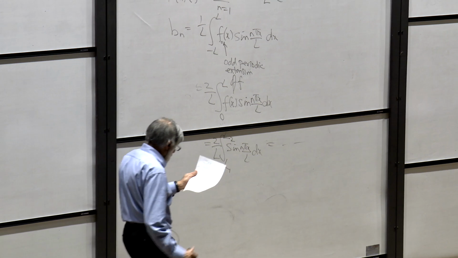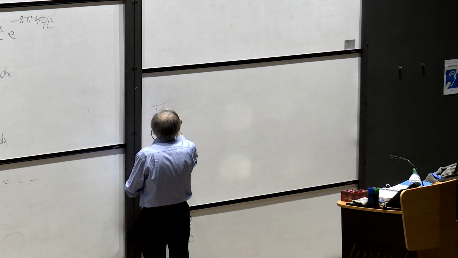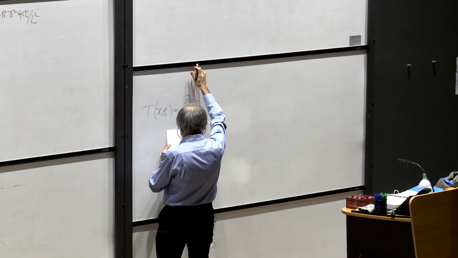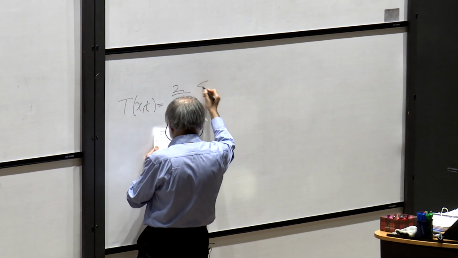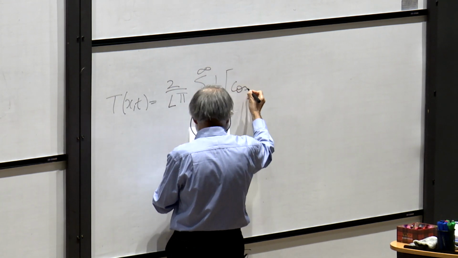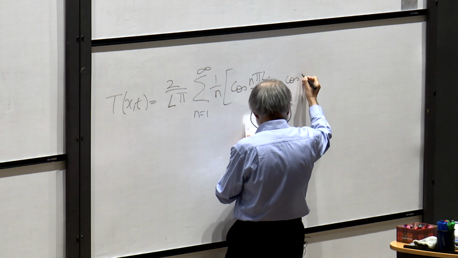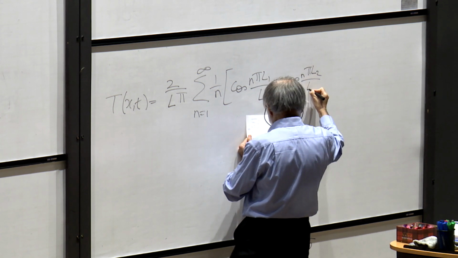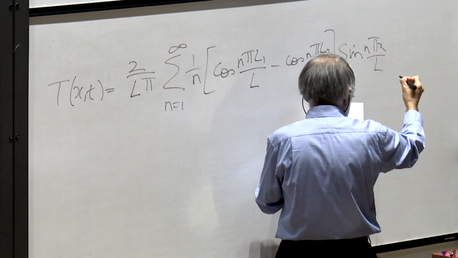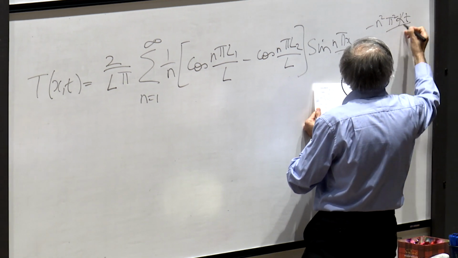Okay? So then, if I've got the signs correct, finally we get T of x,t equals 2 over pi, if I've got this right, sum n goes from 1 to infinity, 1 over n, cos n pi L1 over L minus cos n pi L2 over L, times sine n pi x over L times e to the minus n squared pi squared kappa t over L squared.